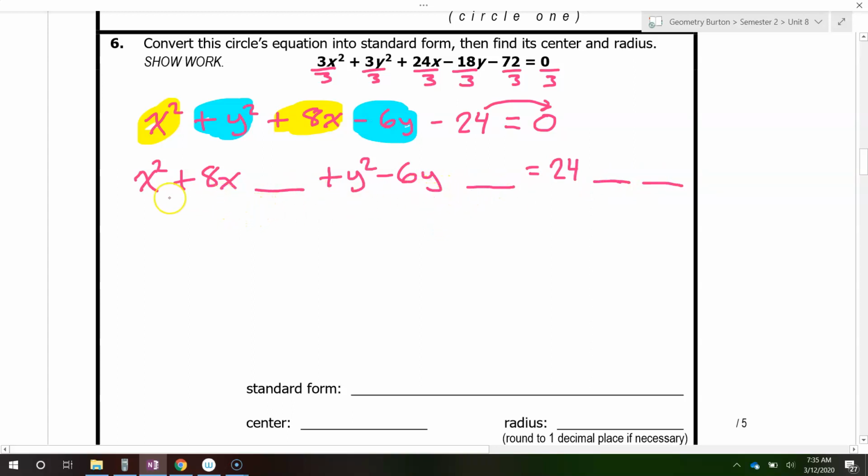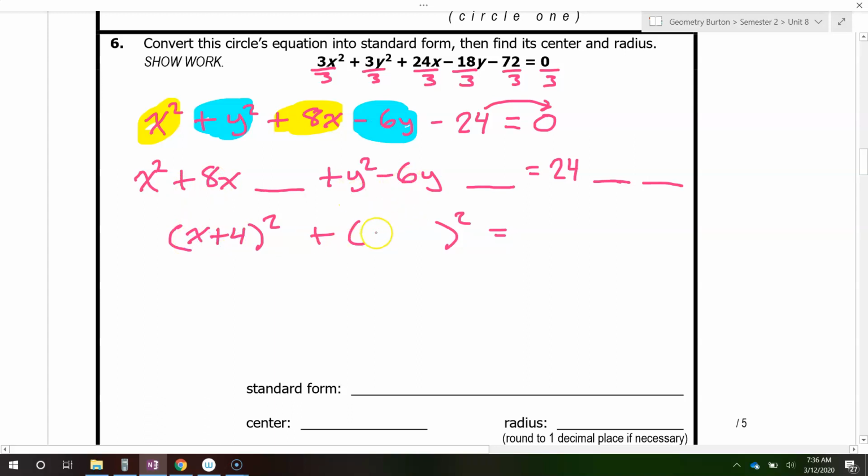Okay, so next I'm going to drop down and do the binomial squared. The binomial comes from half of this. So this is 8, so I'm going to have x plus 4.